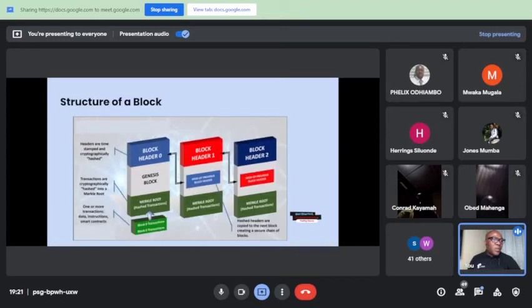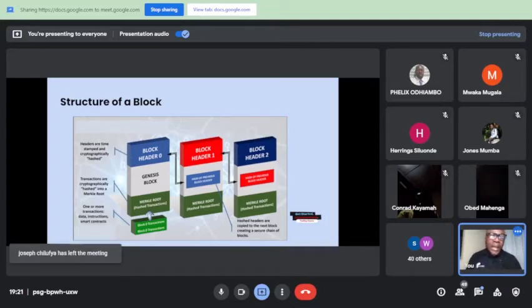So let's look at the anatomy or the structure of a block. A block has a previous hash. It has transaction data presented in a Merkle tree. It has what is known as a nonce. Then it has a hash address. The previous hash obviously belongs to the other block.